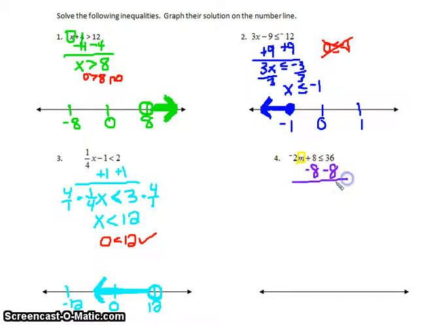When we subtract 8 from both sides, the negative 2m comes down, and it is less than or equal to 36 minus 8. 36 minus 8 is 28. After we subtract, we divide both sides by negative 2.